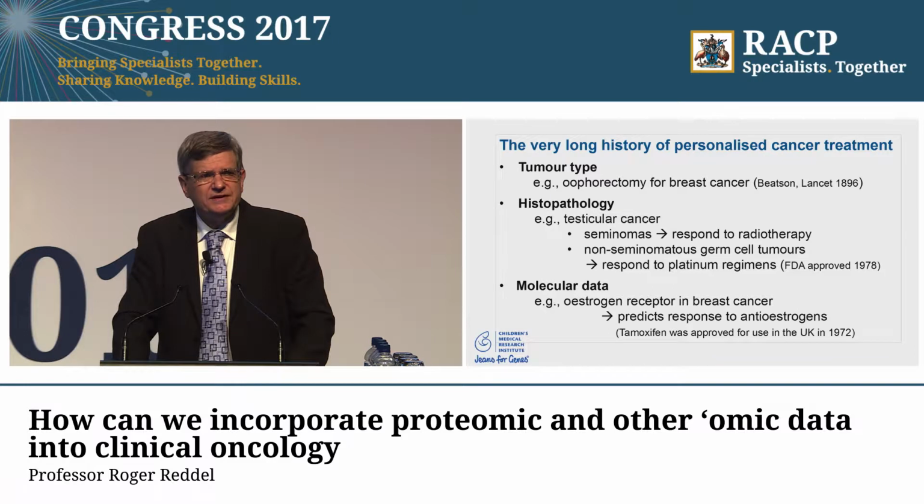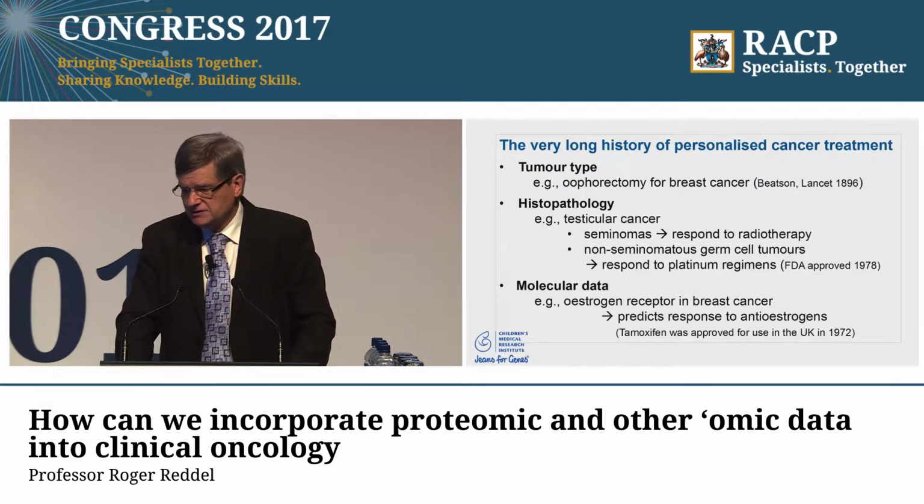And then, of course, histopathology is a very important determinant of personalised treatment. If you just take testicular cancer, for example, if the histology tells you it's a seminoma, you know that the treatment will be responsive to radiotherapy, often quite exquisitely. If it's a non-seminomatous germ cell tumour of the testis, then we've known for 40 years now that these tumours respond very well to platinum regimens.